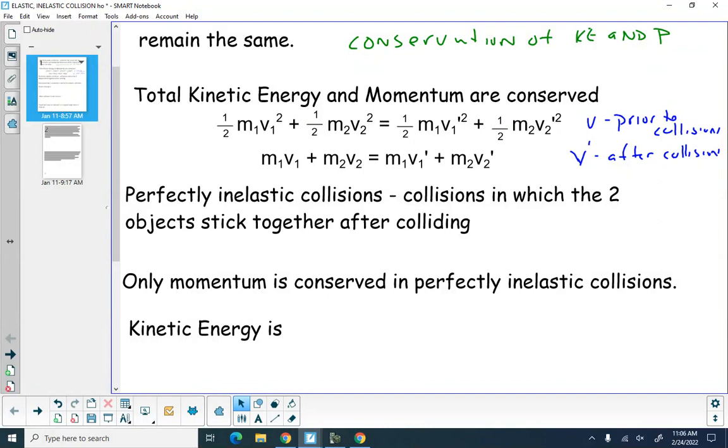So when you're talking about inelastic collisions, kinetic energy is not conserved because you lose thermal energy.